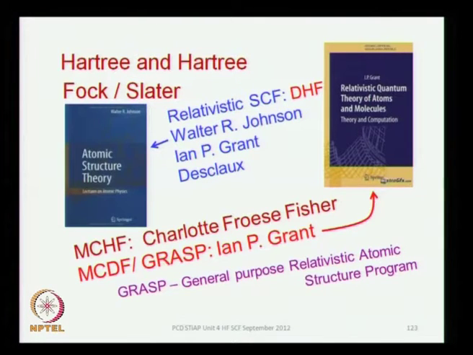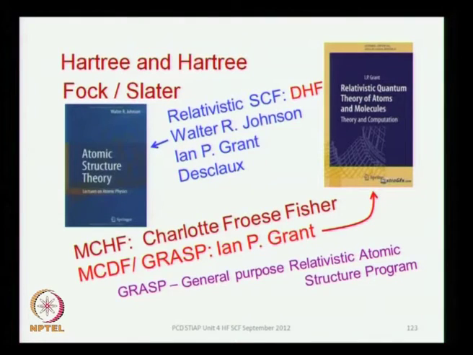And Grant, as I mentioned, has developed a huge technology over the last 50 years, and now there is a package which people use at the front end of atomic physics, commonly called GRASP, which is a general purpose relativistic atomic structure program, and there are various versions of GRASP. This is a matter of detail for those of you who want to get into computational atomic physics, so you will be using some of these tools.